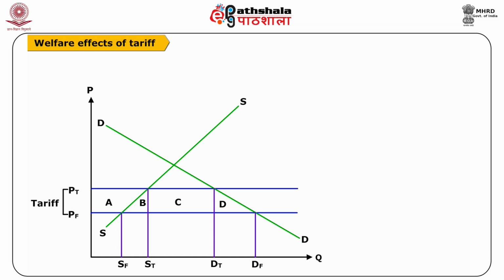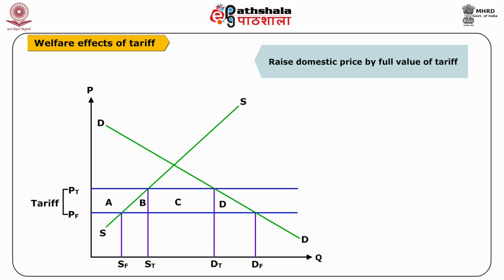When a specific tariff is implemented by a small country, it will raise the domestic price by the full value of the tariff. So with the tariff, the price now rises to PT and the tariff rate T is equal to PT minus PF.